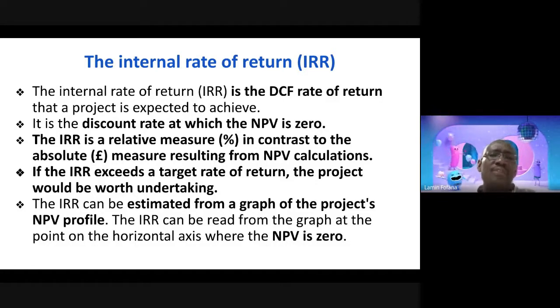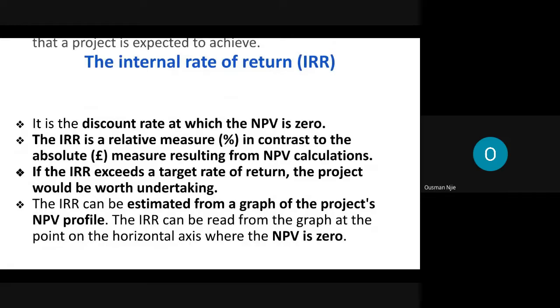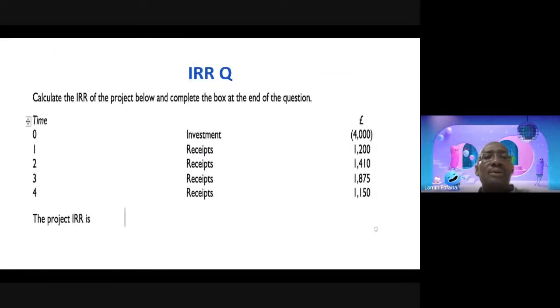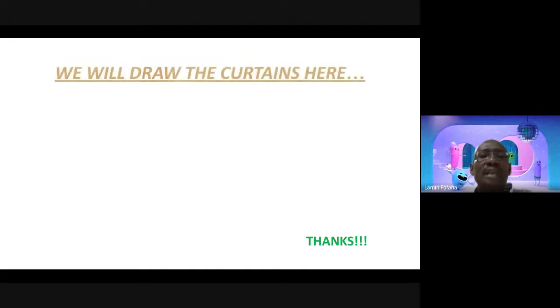If it's more than that, we advise that the project goes ahead. If it is less than that, we advise that the project does not go ahead. So IRR is simply that, and the calculations are also very simple and easy, just like the NPV.